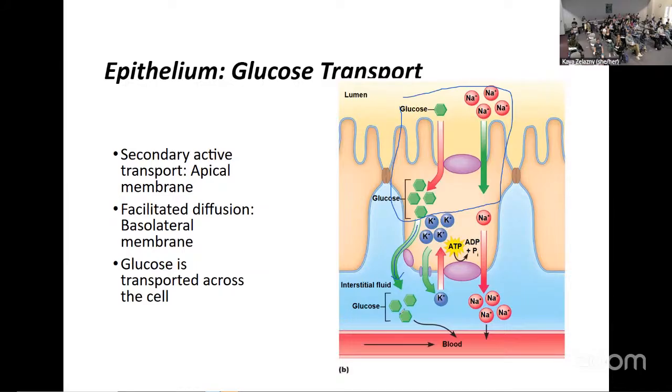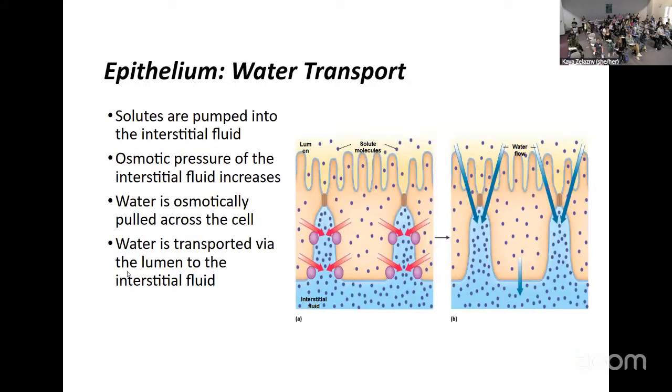If we wanted to add on, we can see that these molecules, the glucose and the sodium ions, then enter the bloodstream, in this case, down their gradients as well. So that's how you get stuff from your food into your body.